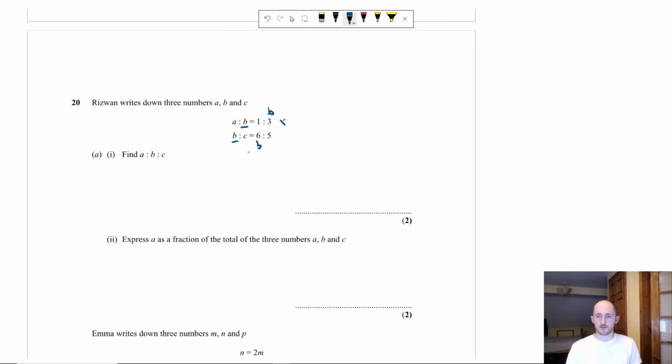So I'm going to times this first ratio by 2, which gives me 2 to 6. And this is still 6 to 5. Now, since the number is the same, we can actually just combine it. So A to B to C, A is 2 from here. B is 6 from here and here. And 5 is the other number here.